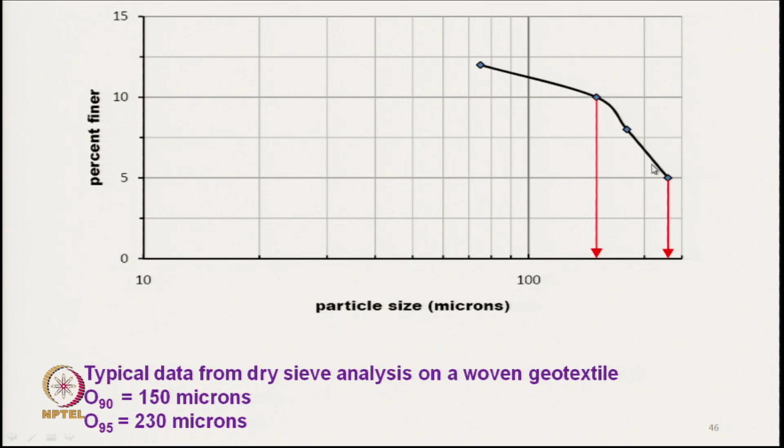So, if 5% particles are passing through at this particle size, say 230 micron, that means it is O95, that means 95% of particles are retained. Similarly, at 150 micron 10% particles are passing through, 90% particles are retained. So, in this way we get idea about the apparent opening size.